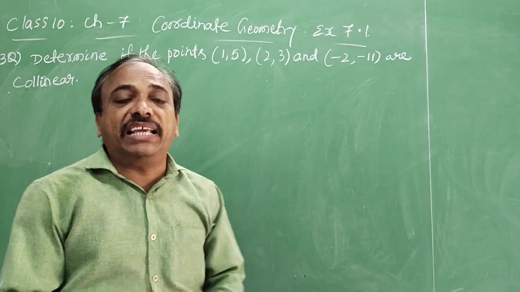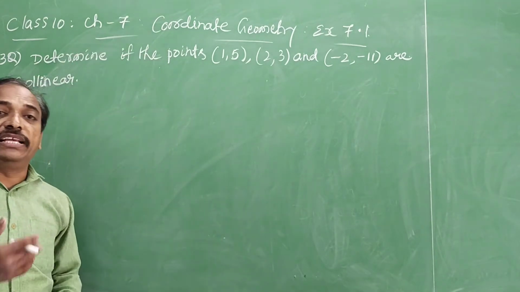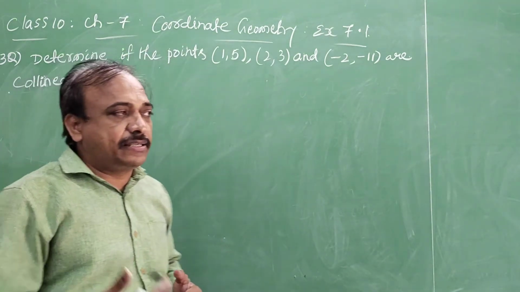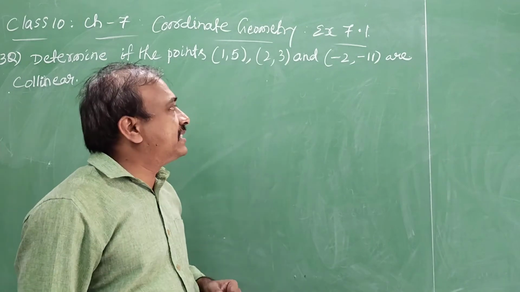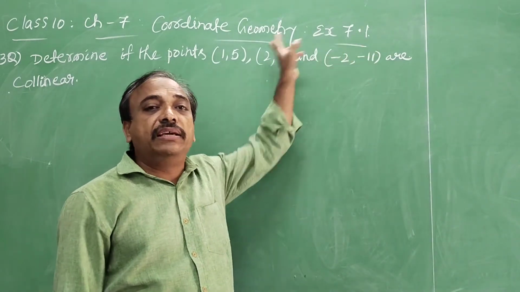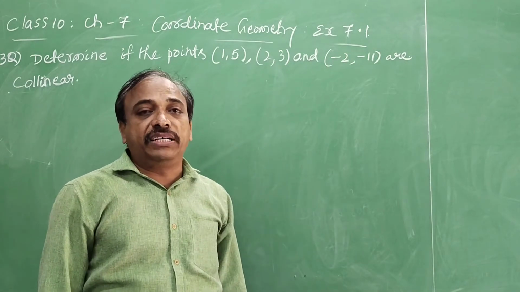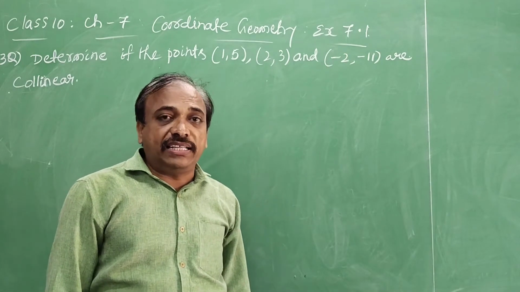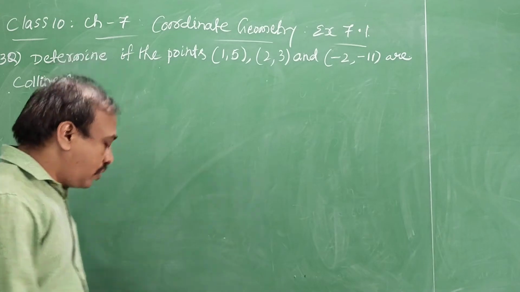If the sum of two of these distances equals the third distance, then we say they are collinear.